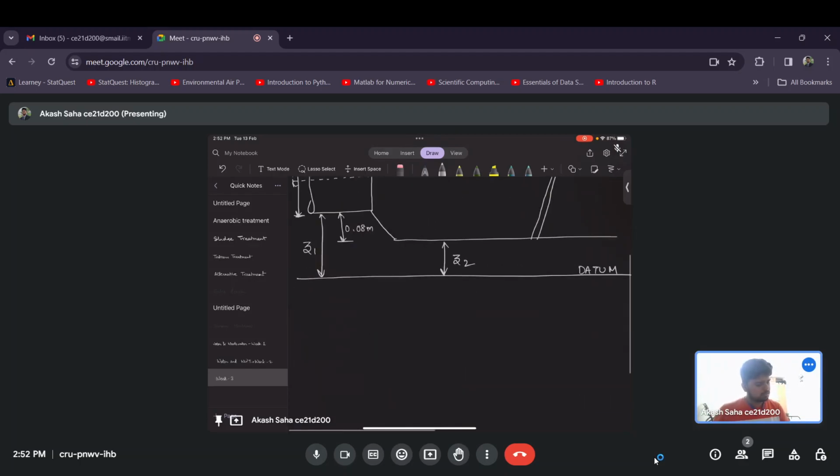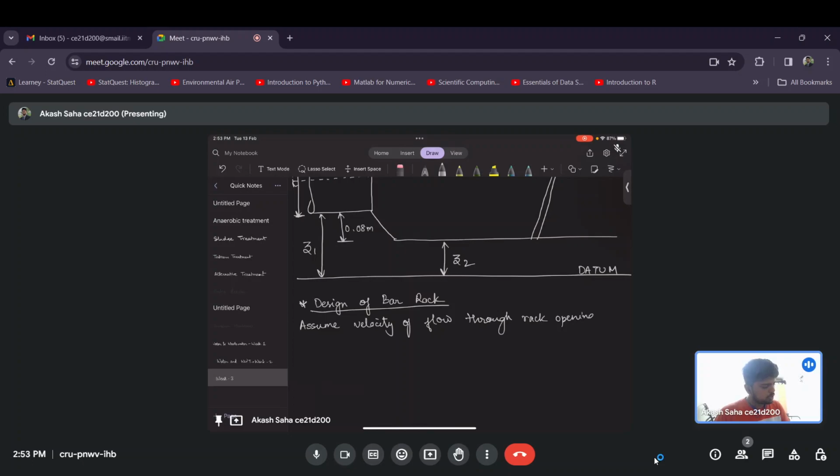Okay, so we'll first start with the design of the bar rack. So at first we have to assume the velocity of flow through rack openings.